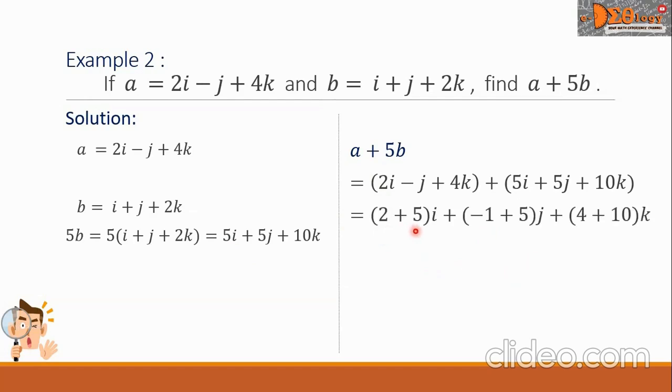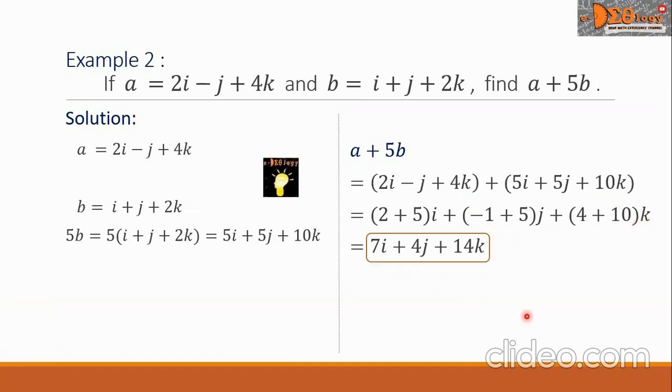So we have 2 plus 5 multiplied by i plus the negative 1 plus 5 multiplied by j plus the 4 plus the 10 multiplied by k. Simplifying now, the 2 plus 5 is 7i, negative 1 plus 5 is positive 4, then we write the j, plus 4 plus 10 is 14, then we write the k. This is now the final answer.